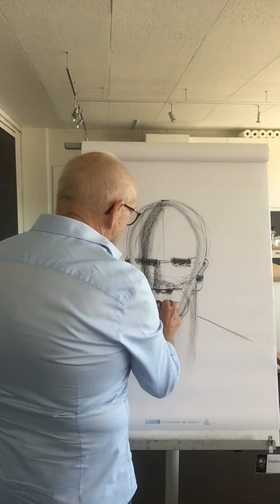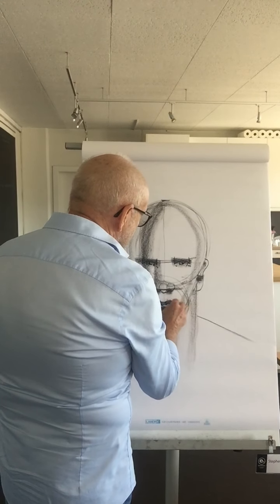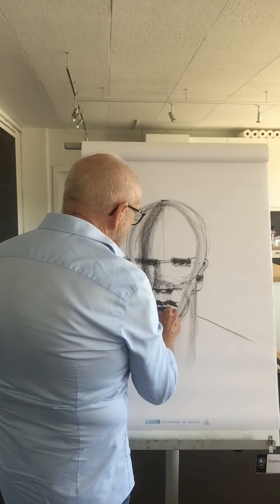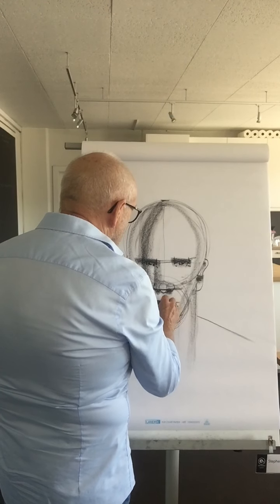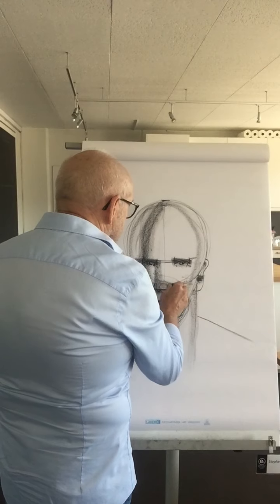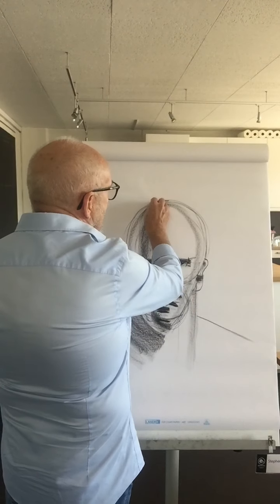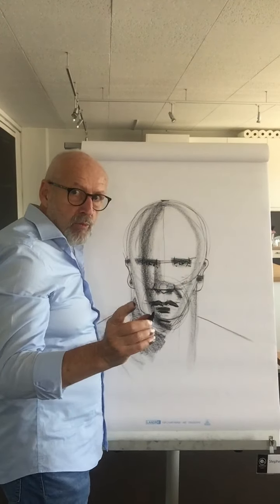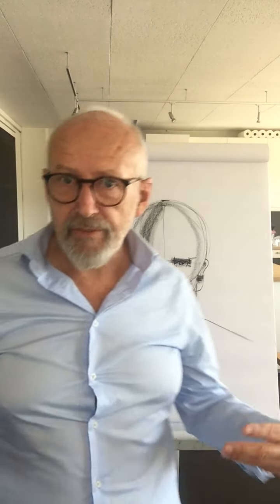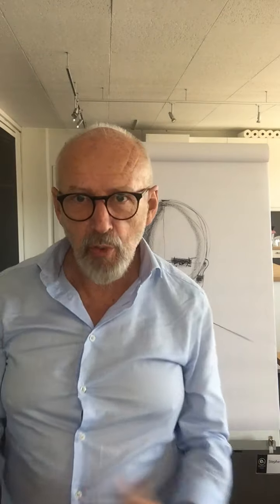I'll do another short vid on the features themselves so that you can practice those. Mouth. Hair. This is an important one. Now, in my case, obviously I don't have any, so it's no big deal. You just shade it as you would an egg.